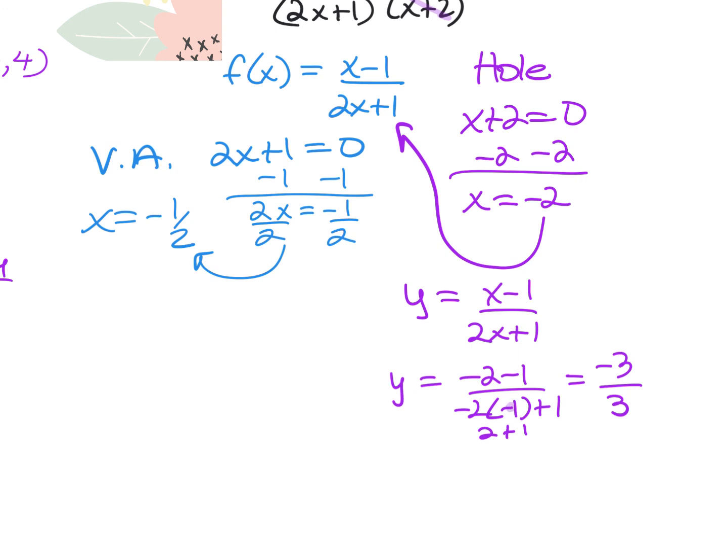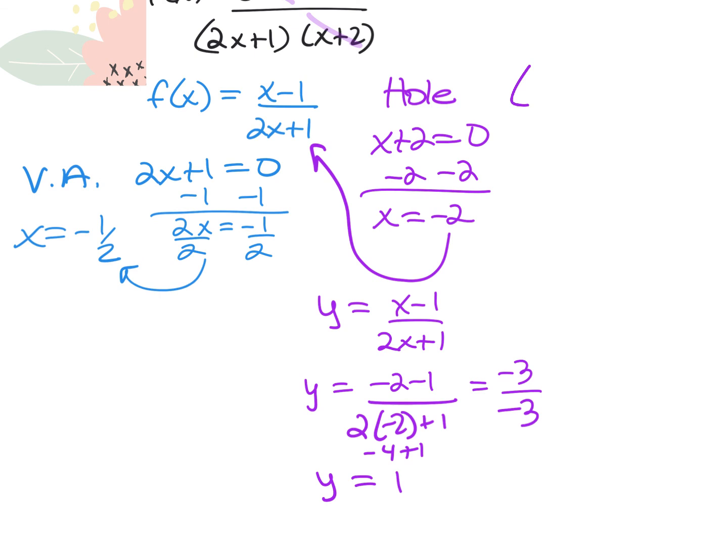Sorry, this should be a positive 2. Let me fix this denominator. I plugged it in wrong. Okay, so I'm doing 2 times negative 2 plus 1. Gives me negative 4, plus 1 gives me negative 3. Negative 3 divided by negative 3 is positive 1. So my hole is located at the ordered pair negative 2, positive 1.